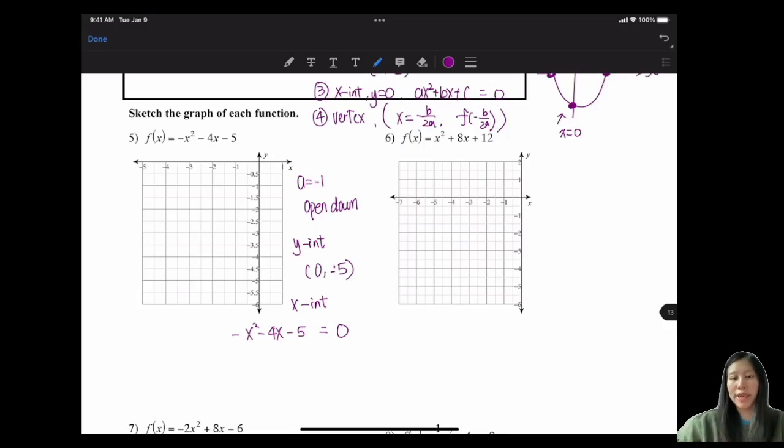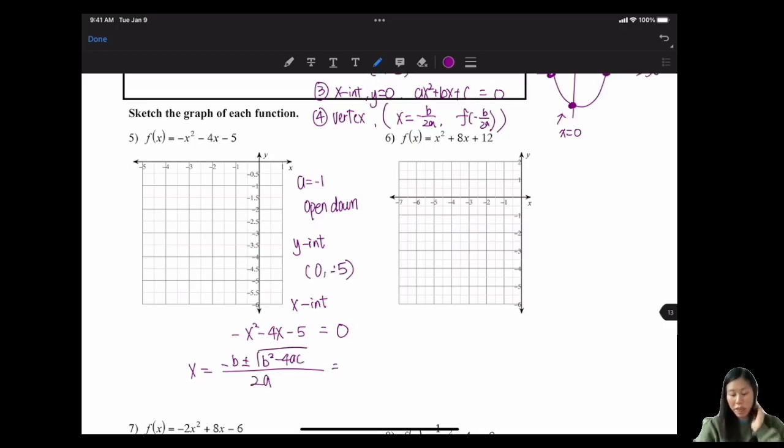So the way to solve it is by using the quadratic formula, which is x equals negative b plus or minus the square root of b squared minus 4ac, over 2a.